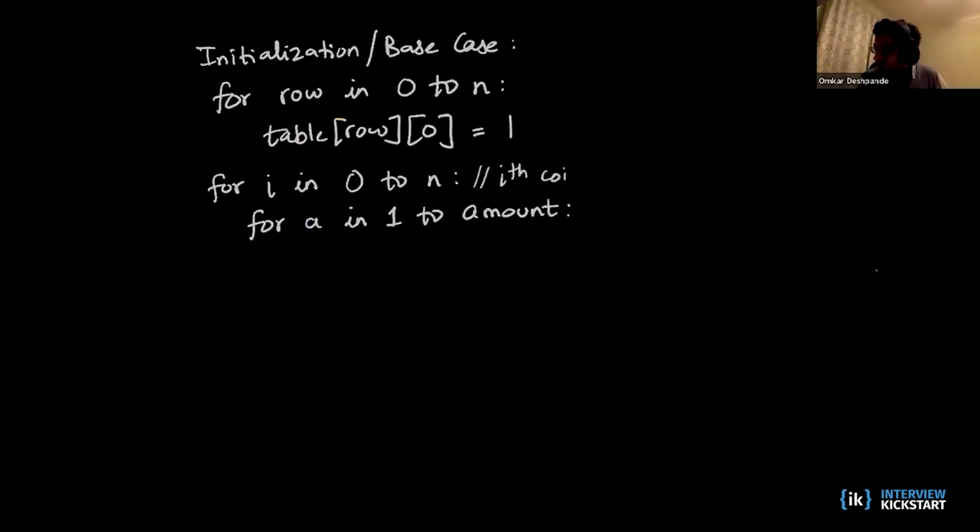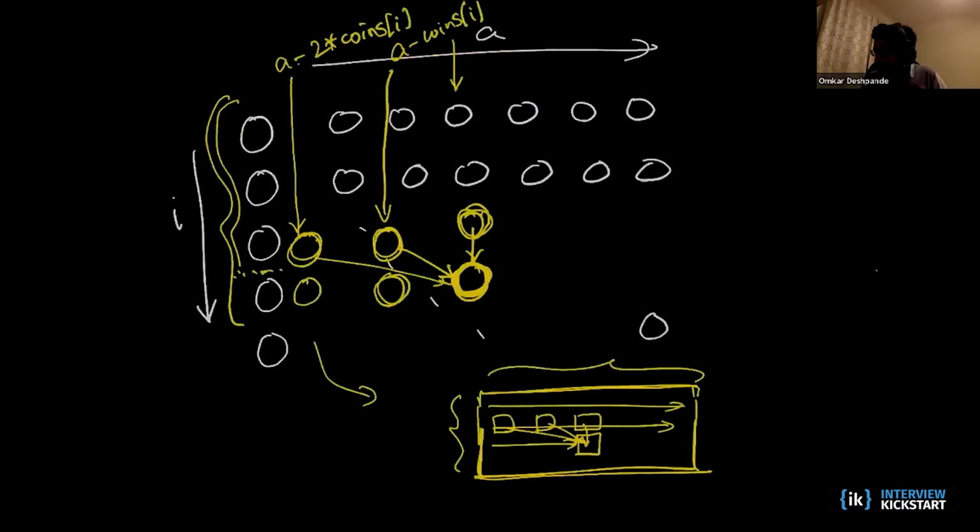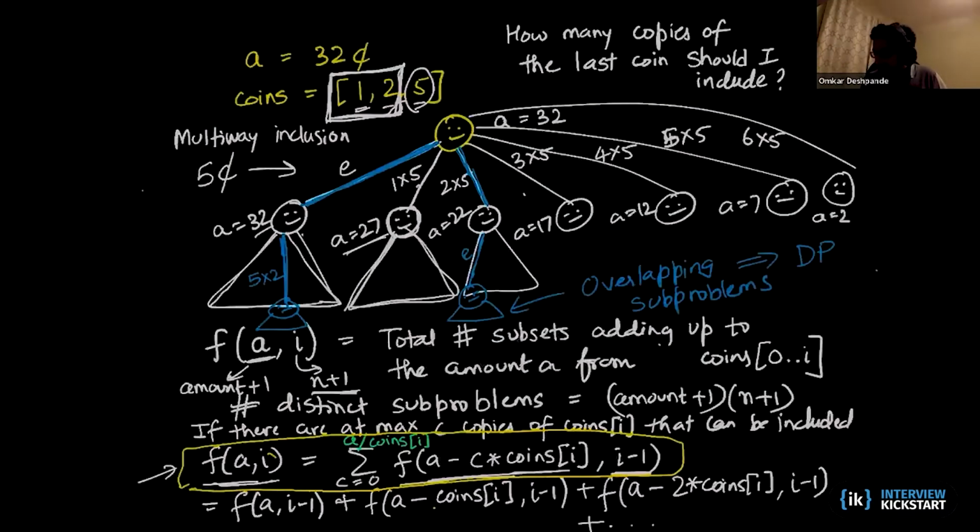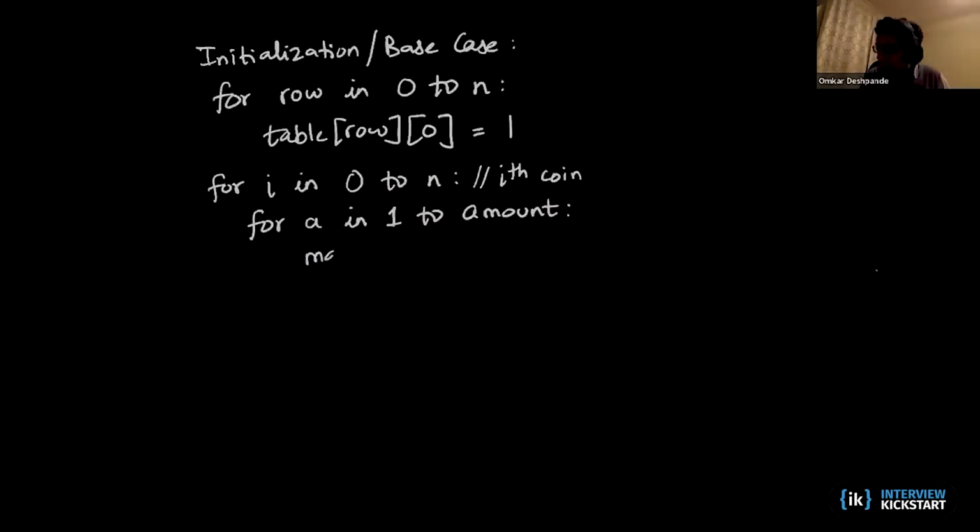So when we look at the ith coin and this amount, we will need to do a summation over all the value over all the copies of that coin that can be included. What's the maximum number of copies that can be included? Well, we just take the amount.